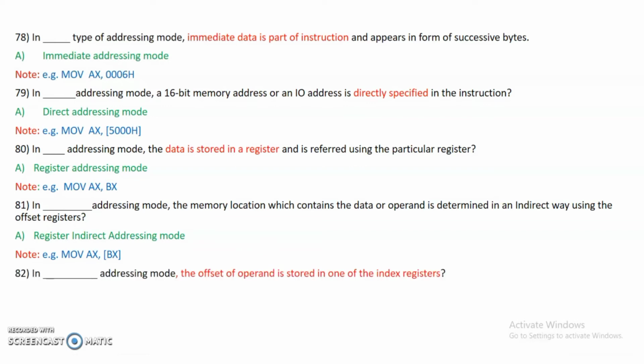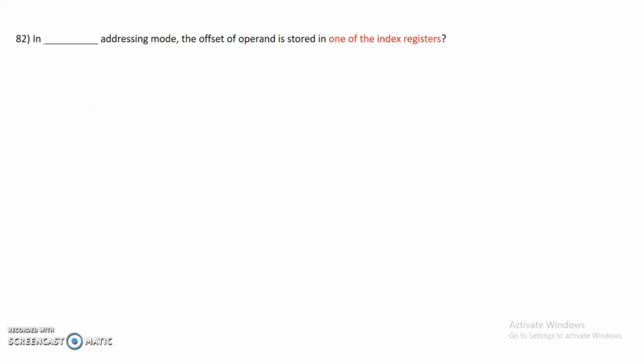Bit number 82. In dash addressing mode, the offset of the operand is stored in one of the index registers. So the answer will be index addressing mode. This bit was already repeated. For example, I have given MOV AX, [SI]. Here the address of the operand is stored in the index register called SI.